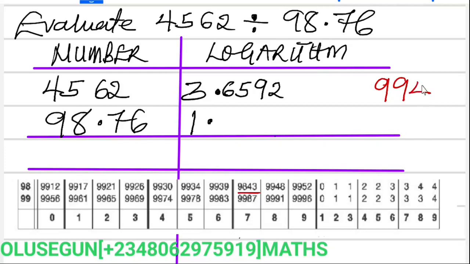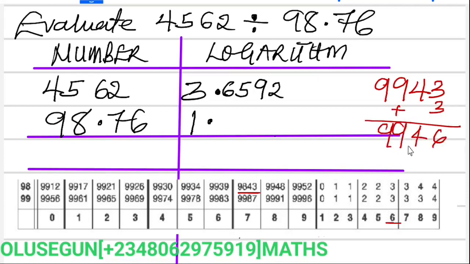The difference of 6 is also 3. Let's add it together. We have 9, 9, 4, 6.